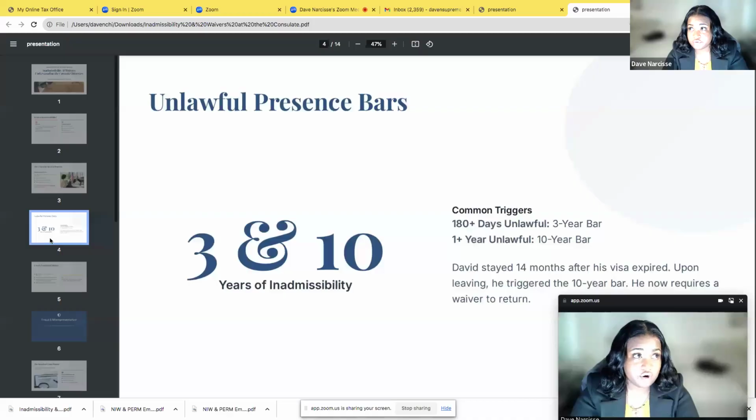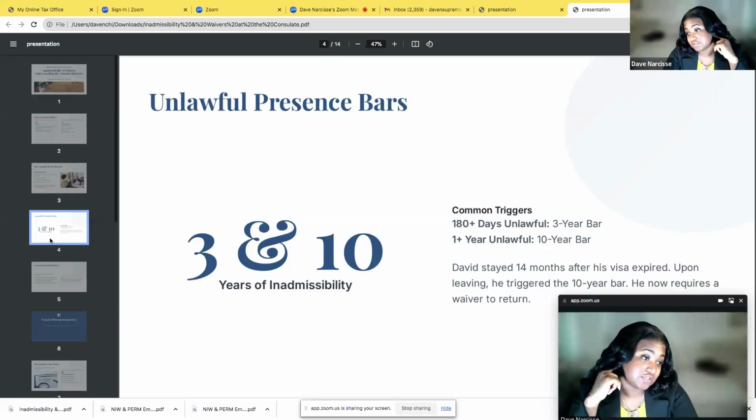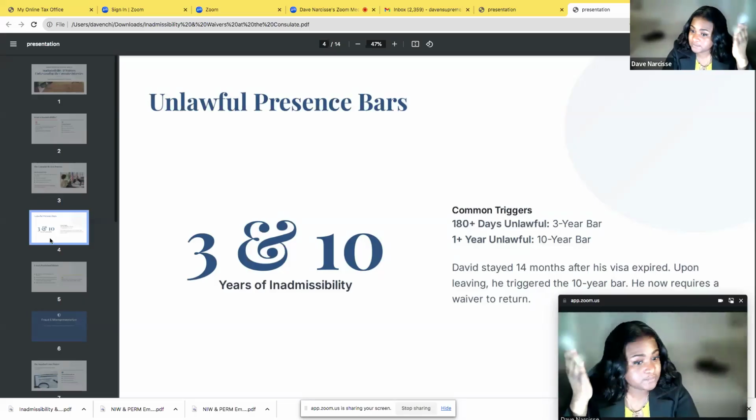That means you are barred from coming back to the United States for 3 years. If you stay over 1 year, you're going to trigger a 10-year bar. Even if you have a 5-year visa, after the 6 months you need to leave, or either way you're going to be unlawfully present.